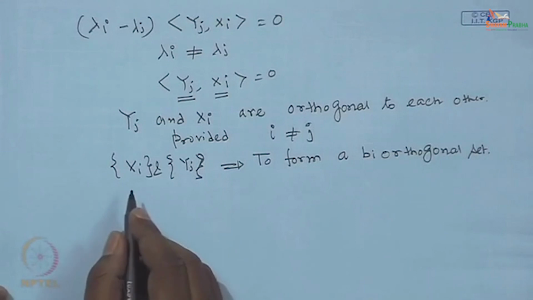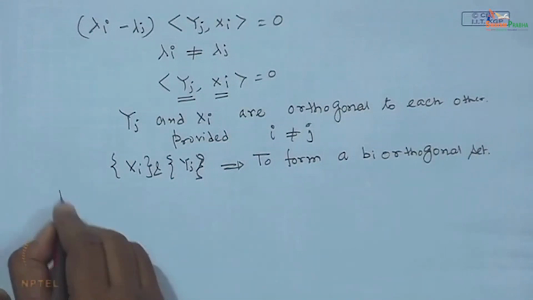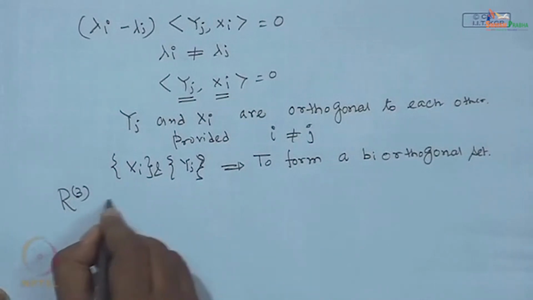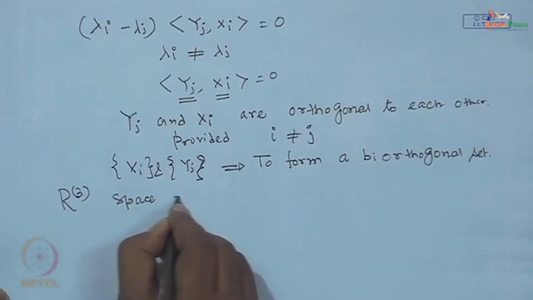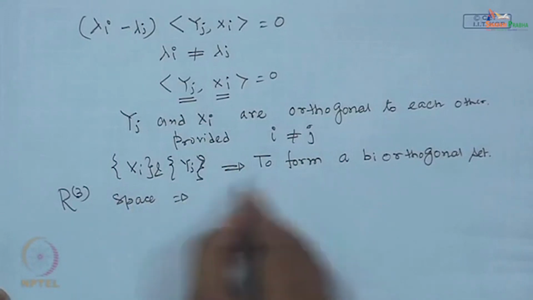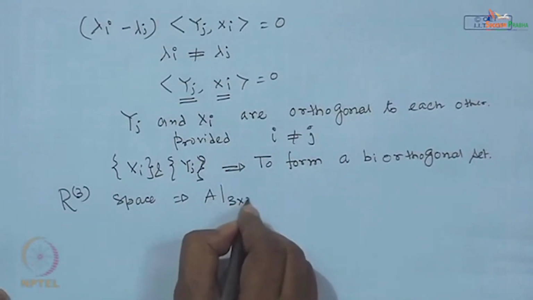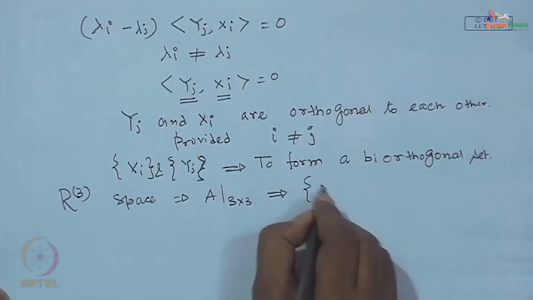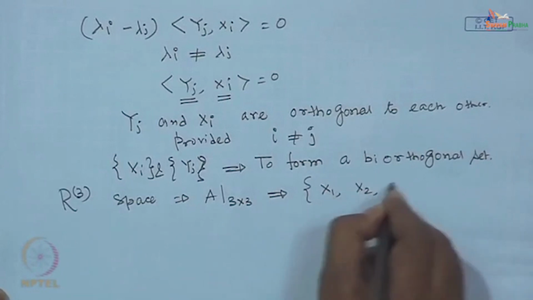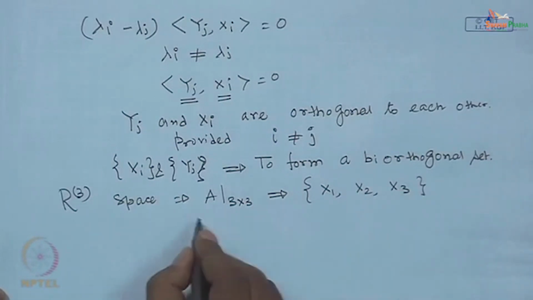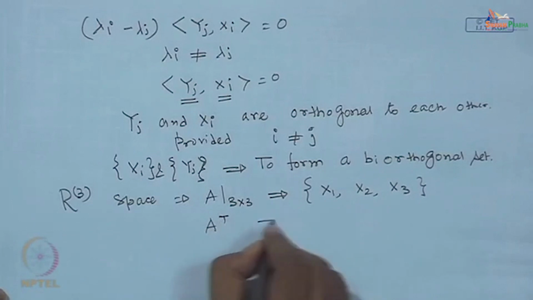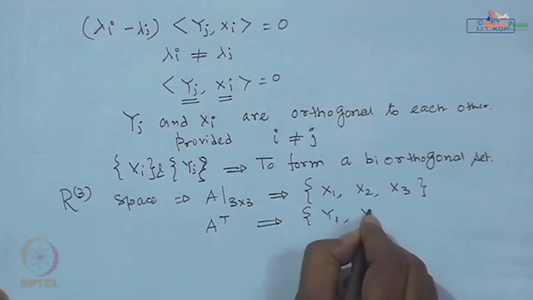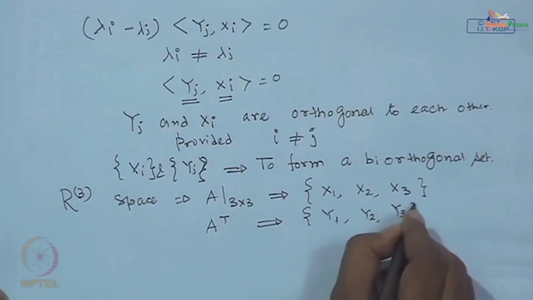So, if we talk about a matrix in R3 space, it will be a 3 into 3 matrix. A has a size 3 into 3 and it will have the eigenvectors x 1, x 2 and x 3. Similarly, A transpose will have eigenvectors y 1, y 2 and y 3.